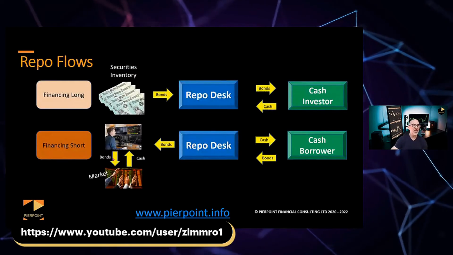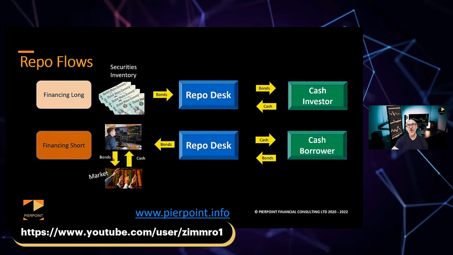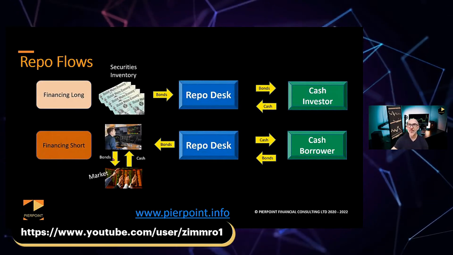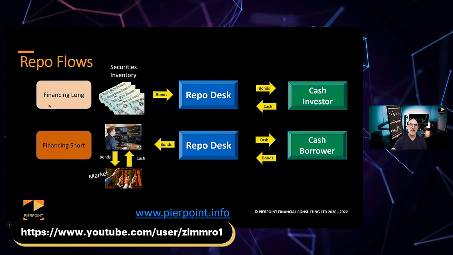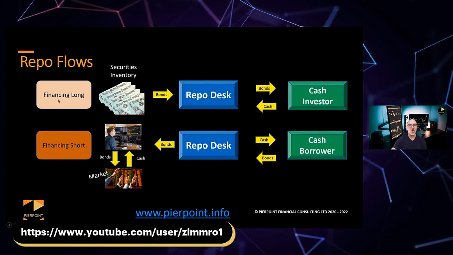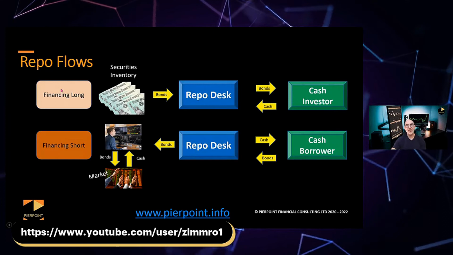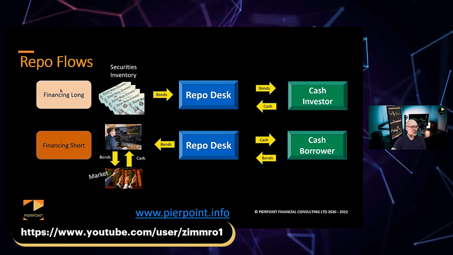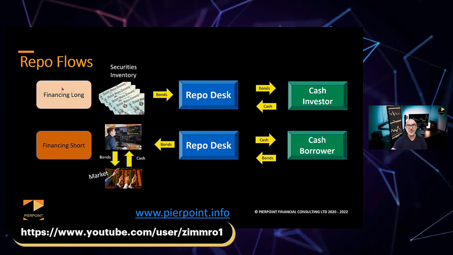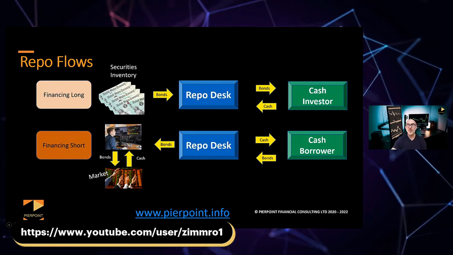Let me talk a little bit about the 5 different flows as I describe them. Why people do repo trades. So again, this is where the bank is financing a long position. So they have an asset, they paid money for that asset, they want to get that cash back so that they can put it into their operating funds. That's how they fund the ongoing daily operation of their business.